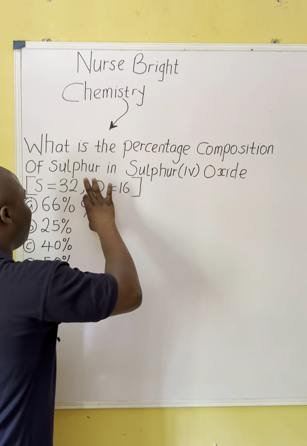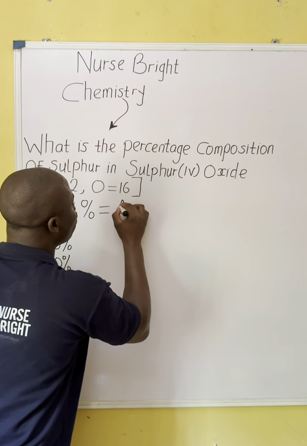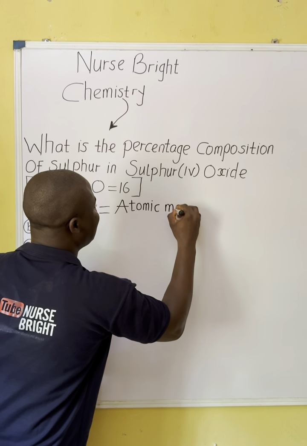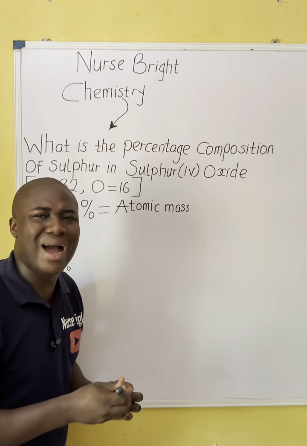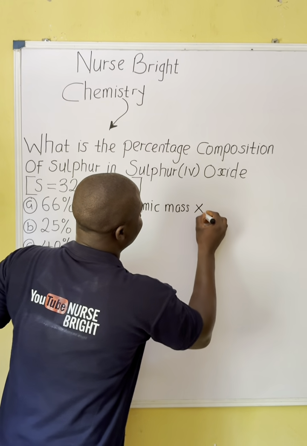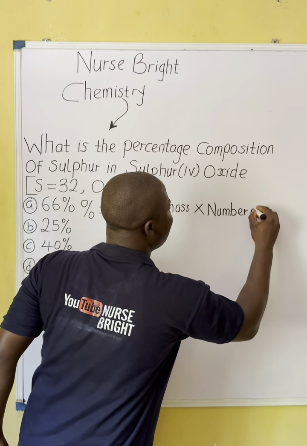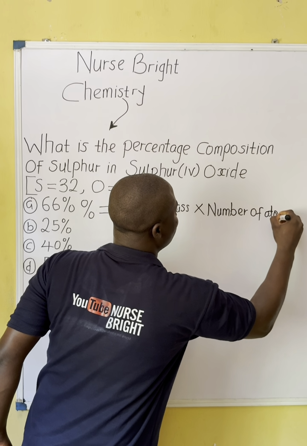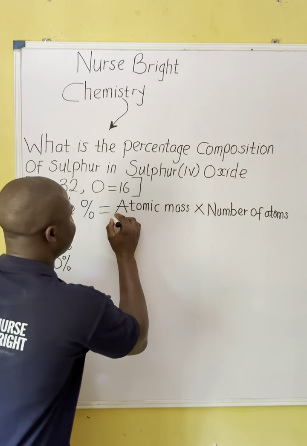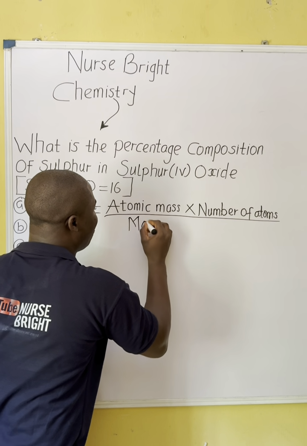It is simply percentage composition is equal to atomic mass of elements, times number of atoms of elements, divided by molar mass of compound.